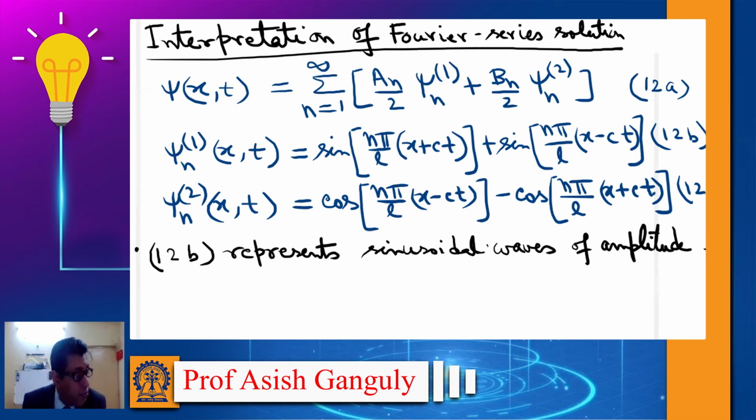Not only this, let me write it this way. I am writing generally the full two terms, so it is 12a, not 12b. 12a represents sinusoidal waves of amplitude an by 2 and bn by 2.